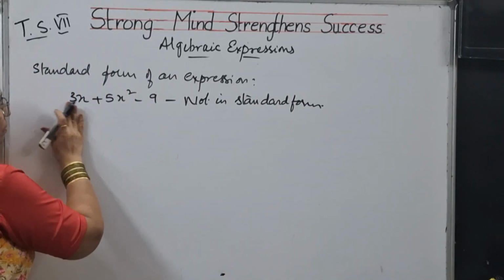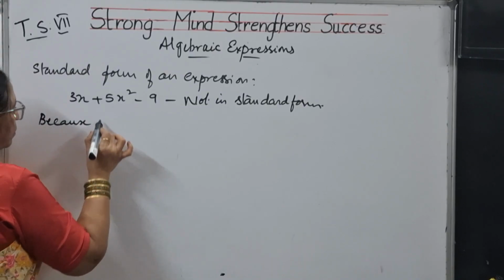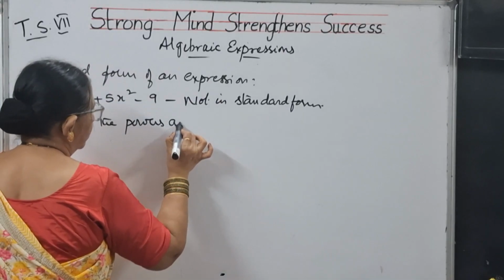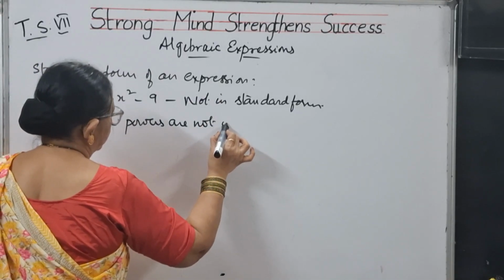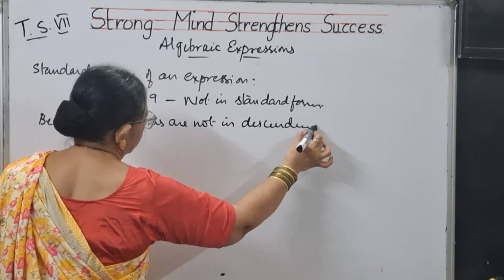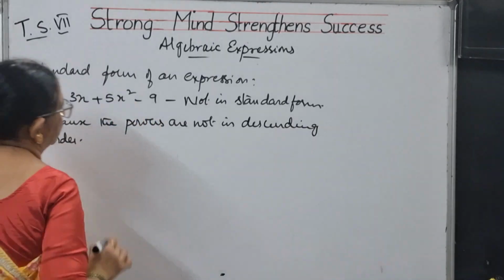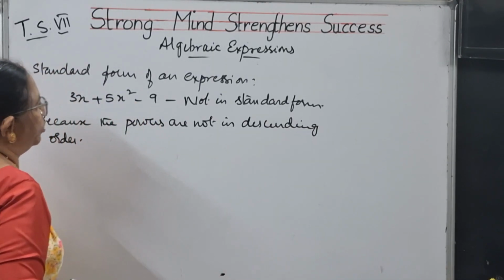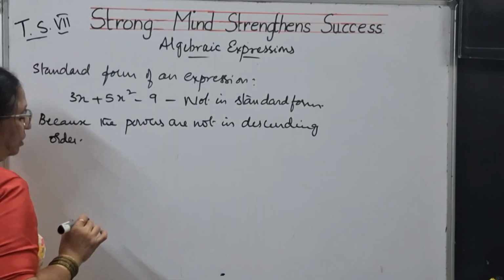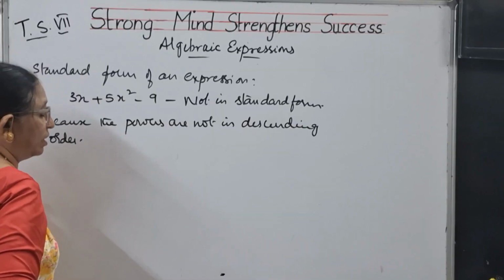It is because the powers are not in descending order. The powers of the given value should be in descending order. Usually it should be in descending order only.